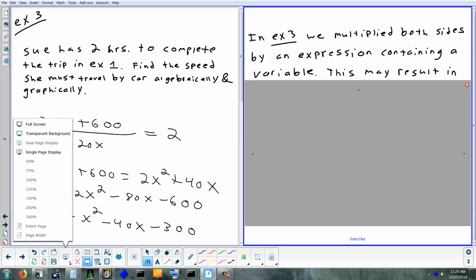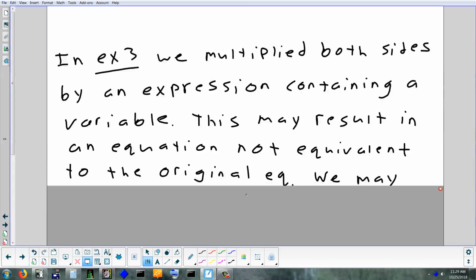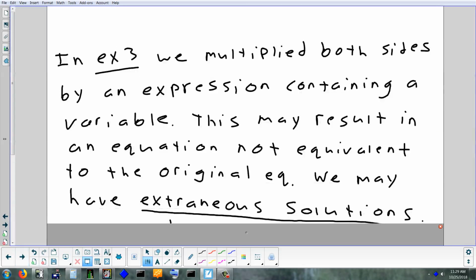All right, so since we multiplied both sides by, I think it was x squared plus 2x or something like that. Whenever you multiply both sides by a variable, you can end up with what's called extraneous solutions.